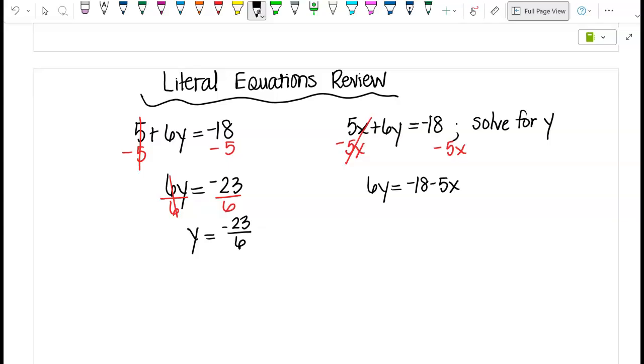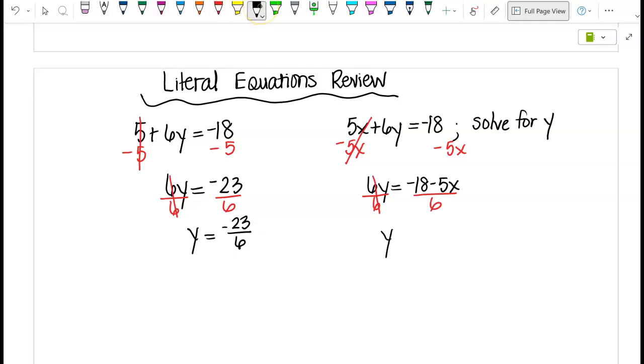So Isaac Rios, what would be my next step in solving this for y? Yeah, I'm still going to go in and divide both sides by 6.